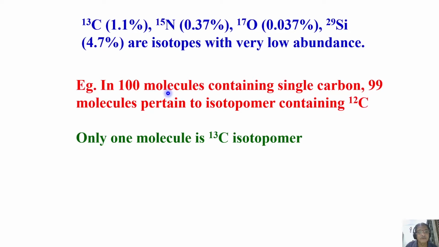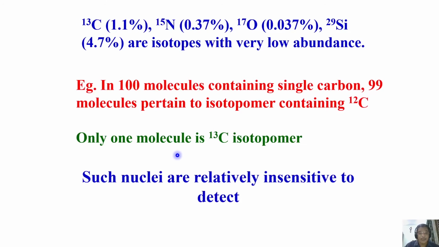In spite of that, you have to find out how many isotopomers in that entire sample volume contain carbon 13. So even then, the sensitivity of detection is much, much lower.